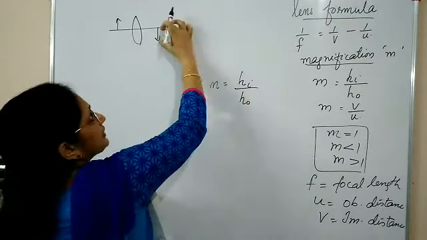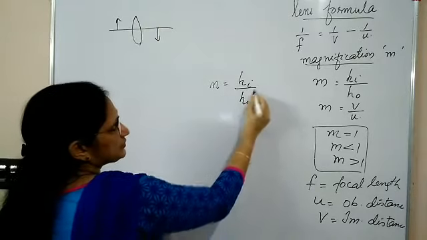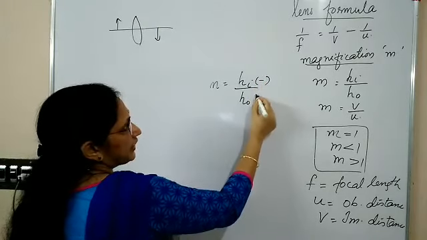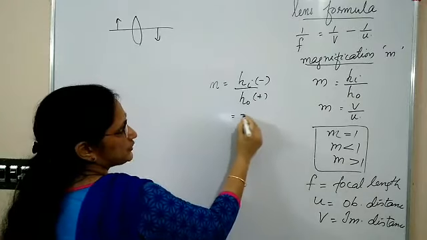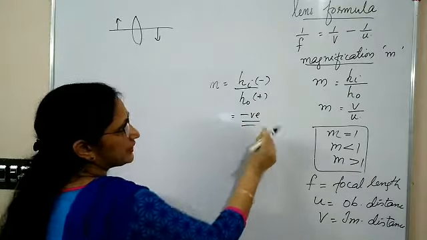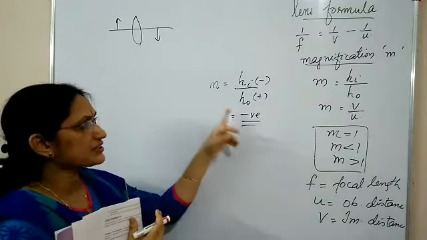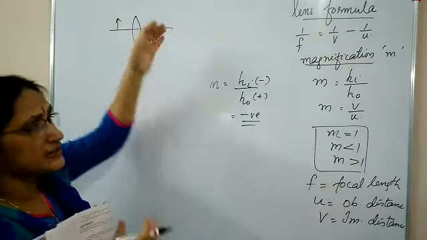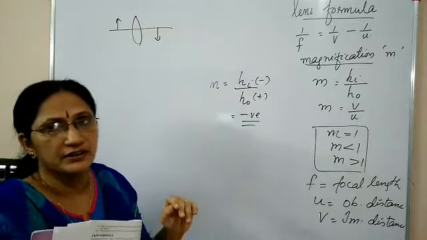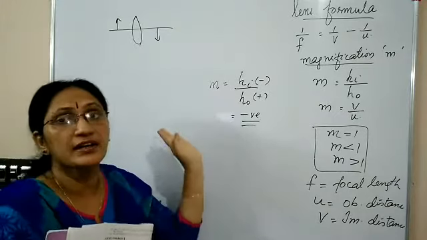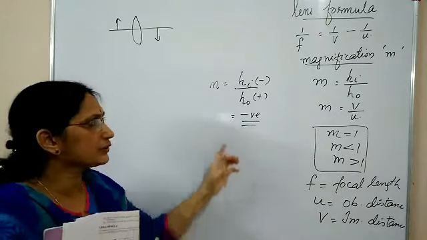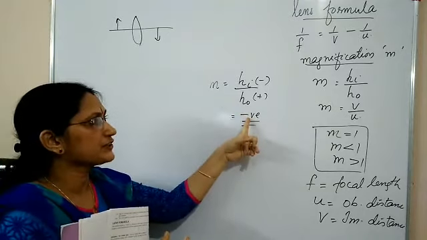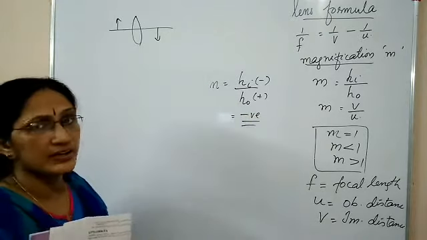The height of the image is negative, and the height of the object is positive, which means magnification will be negative. So magnification is negative means the object height and image height are on opposite sides. That means it is a real image. This is the conclusion. Magnification is negative means the image is a real image.